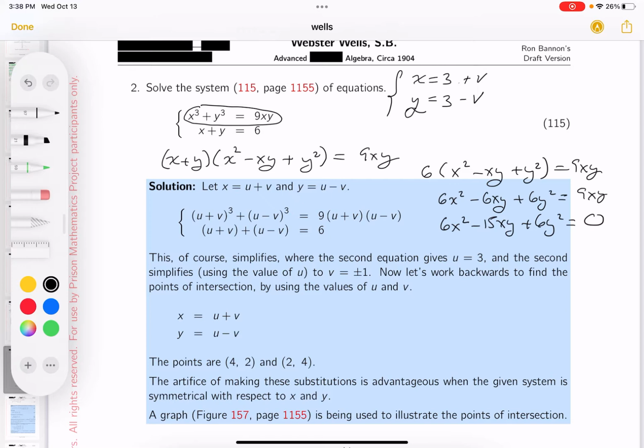All right, I got to do something now. What am I going to do? I'm going to do this. And let's see what we end up with. 6 times x squared. Well, x squared is going to be 9 plus 6v plus v squared. And it's a lot of work. I'm not saying it's not. All right, we're doing this over here.